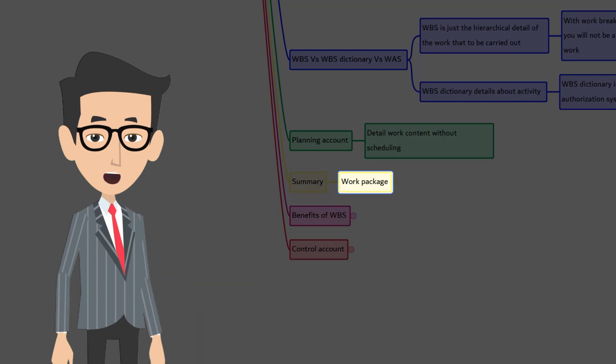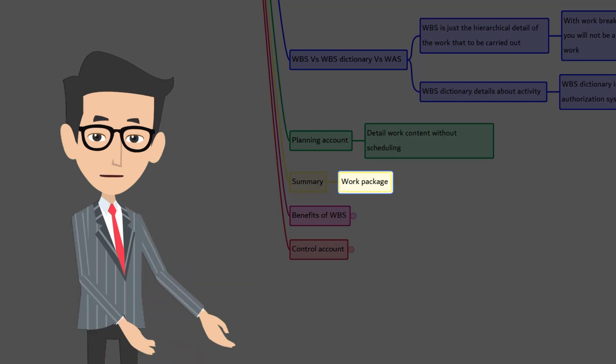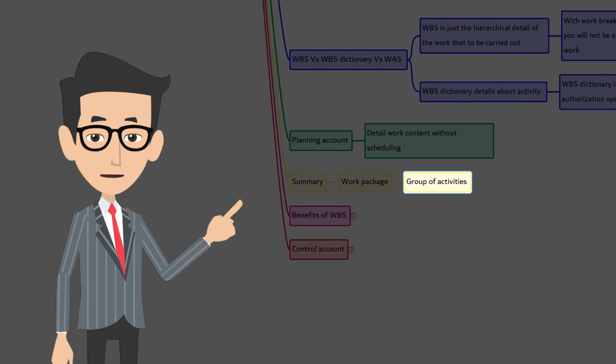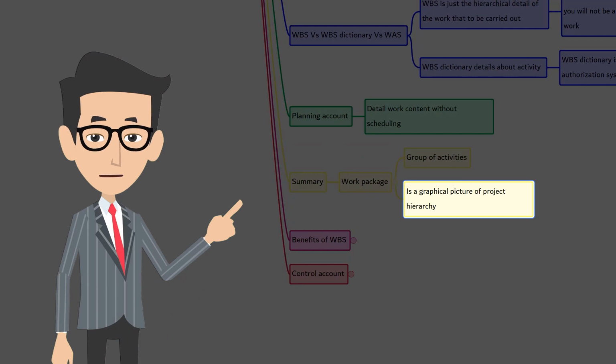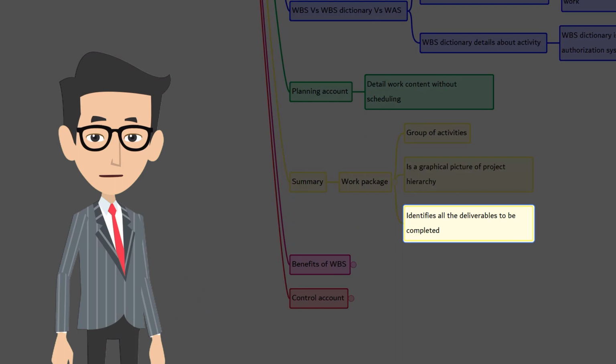Work package. Look at the word package. So it's a package, meaning it's not an individual activity, rather a group of activities. Work package is a graphical representation of project hierarchy. Work package identifies all the deliverables to be completed. If it's not in the WBS, it's not part of the project. The work package should list every activity that is to be carried out in the project.